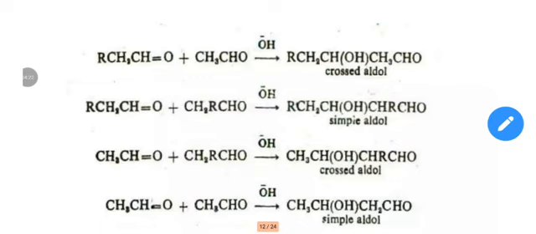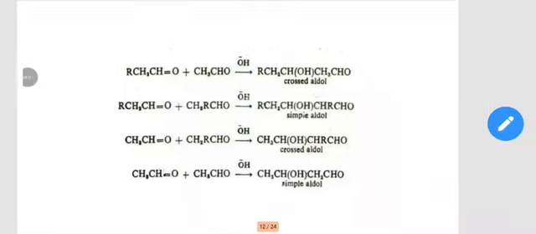Then CH3CH=O, CH2CHO with OH minus in presence of base to form a crossed aldol product. Then CH3CH=O, CH3CHO reacted with the base to form simple aldol. So crossed aldol products, four aldol products are obtained.